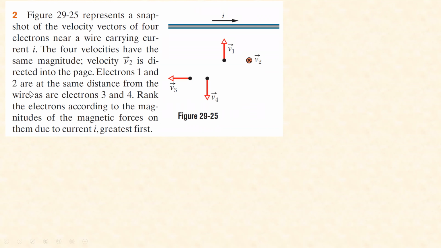Electrons 1 and 2 are at the same distance from the wire as are electrons 3 and 4. Rank the electrons according to the magnitude of the magnetic forces on them due to current I, greatest first. What do you think? Any ideas?